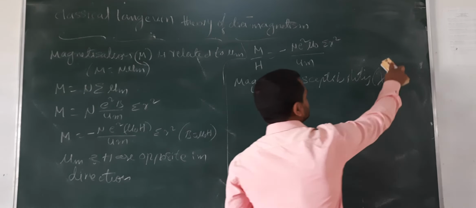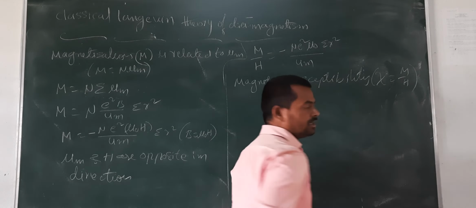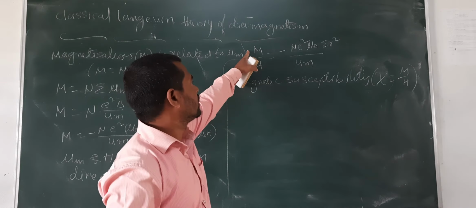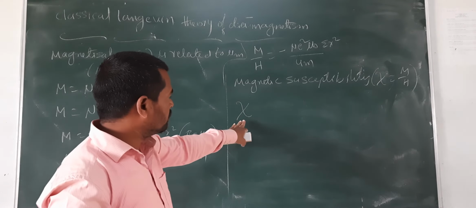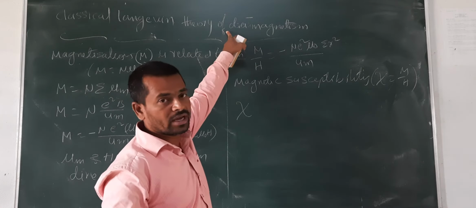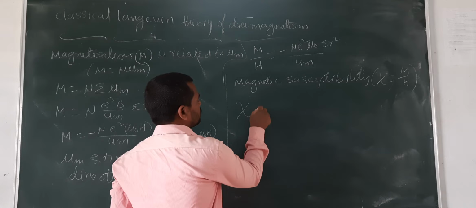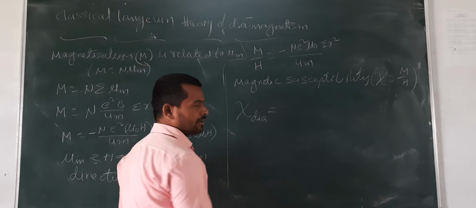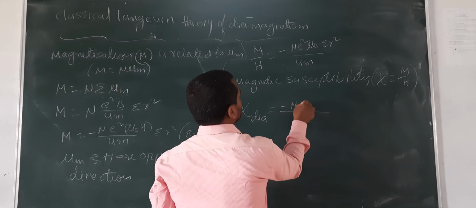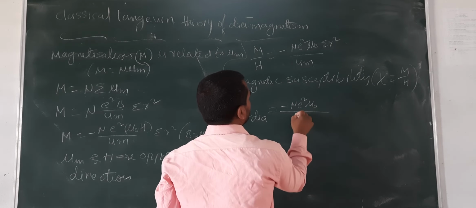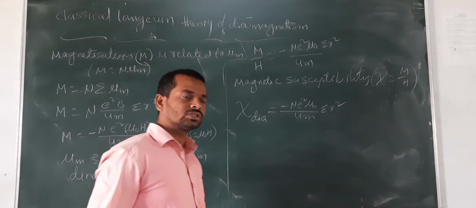Its formula is M by H. So already we have M by H right here, chi. But simply write here dia. Why? It is being calculated for diamagnetic substance only. Because of that, simply put here dia. Chi dia is equal to minus n e square mu naught by 4m summation r square.